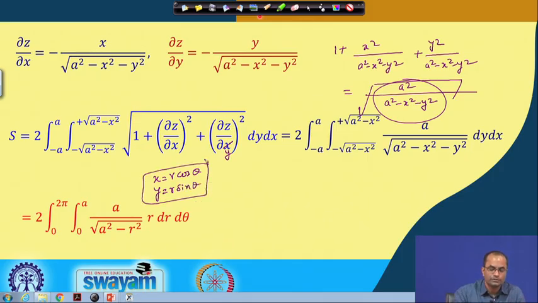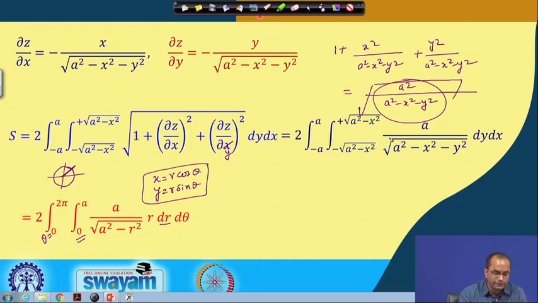So, with this substitution now, we also have to find the limits. So, in case of the circle it is trivial to get. So, for theta we have 0 to 2 pi, because this is our circle here. So, theta moves from 0 to 2 pi, and for r we will have 0 to a. So, r will move from 0 to the circle, so that means 0 to a.